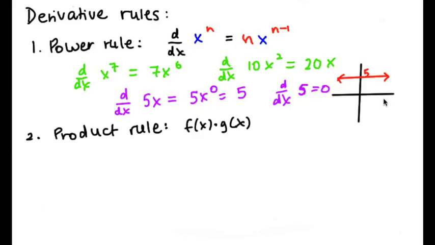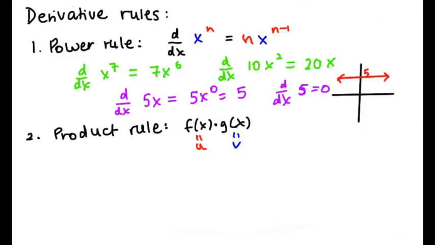To make notation easier, I'm going to make f of x equal to u and g of x equal to v. And just note that u and v are not variables, they're functions in terms of x.